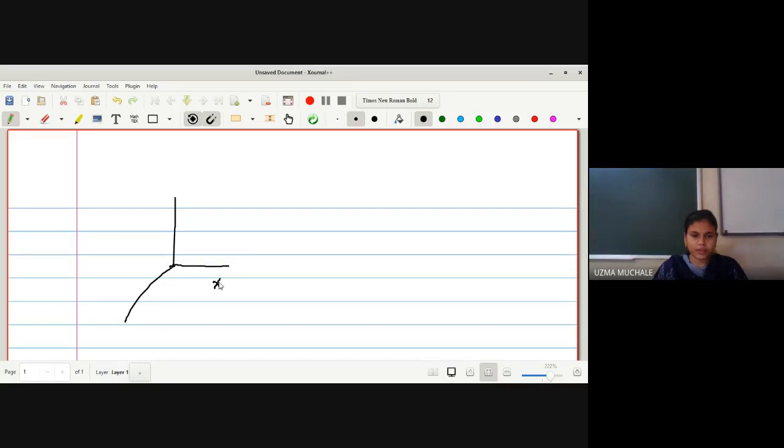Whatever transformation we are going to obtain, say the new transformation equation we are going to obtain is X dash, Y dash, Z dash.